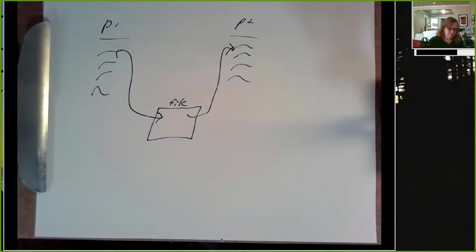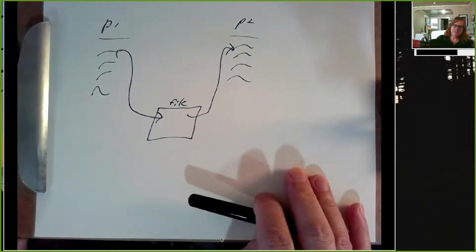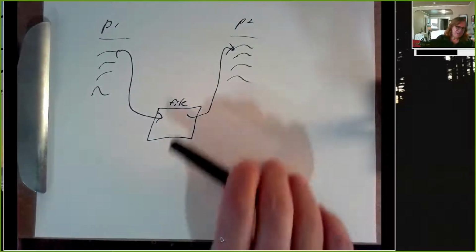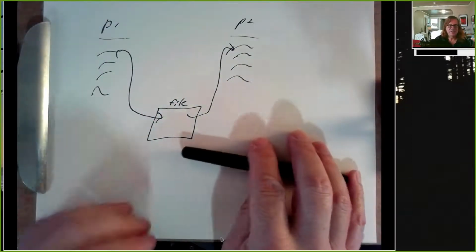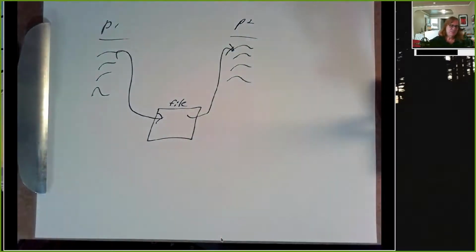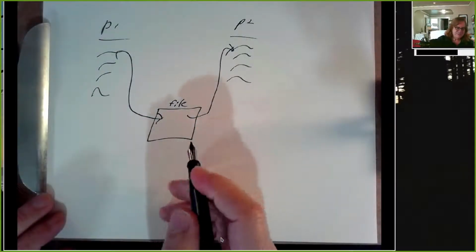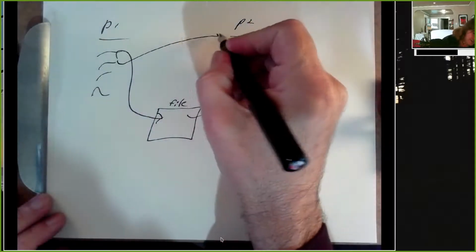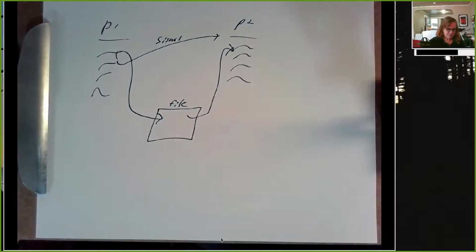Well, the problem with that is process 2 would need to continually check this file to know if there's a message for it. And if P1 is writing a really long message, it might check this file while the message has been partially written and pick that up and think that's the whole message. So what you could do in this case is have process 1 write something into this file and then send a signal, using a kill, to process 2.